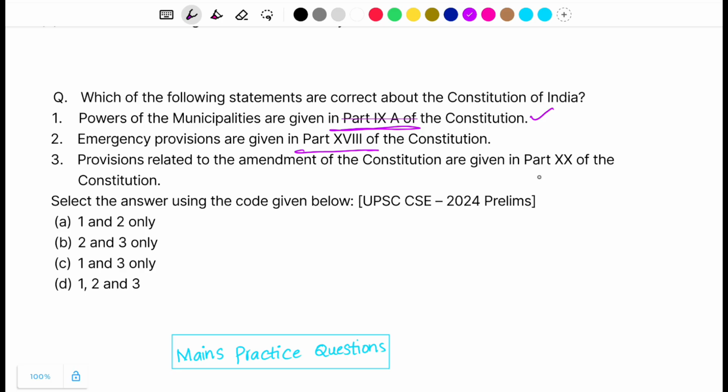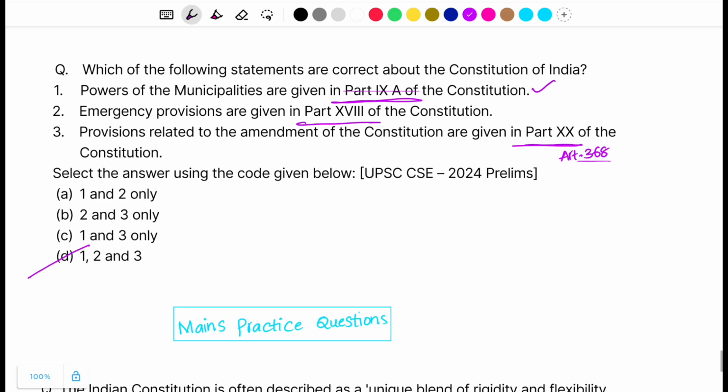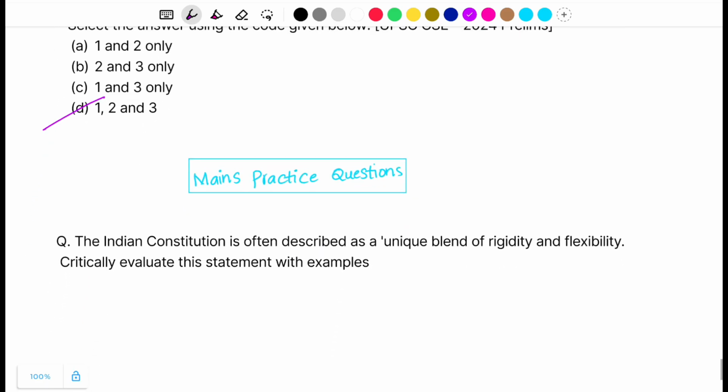I think we have not discussed it, but this Part 20 is correct, friends. You must look into it. Part 20 deals with the amendment of the Constitution, that is Article 368. Take a note of it. This was asked in the UPSC 2024 prelims. All the statements are correct: 1, 2, 3. There are no wrong ones this time. Everything is right.